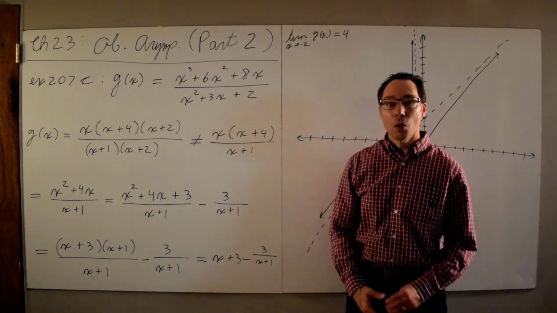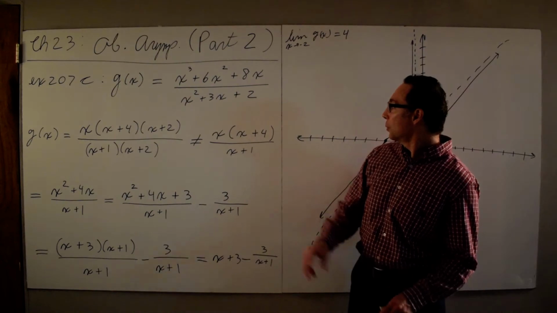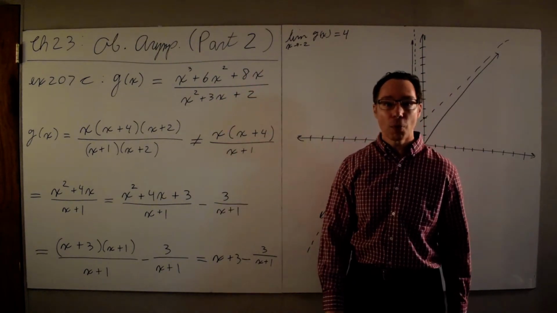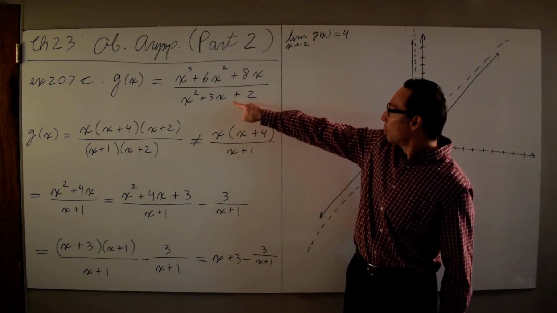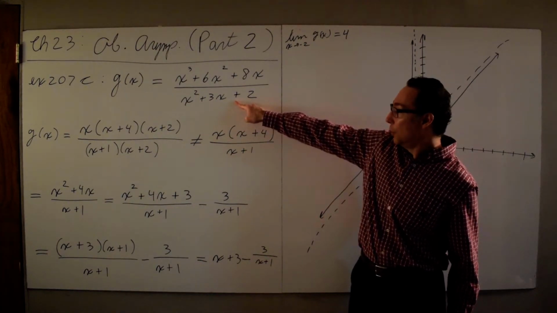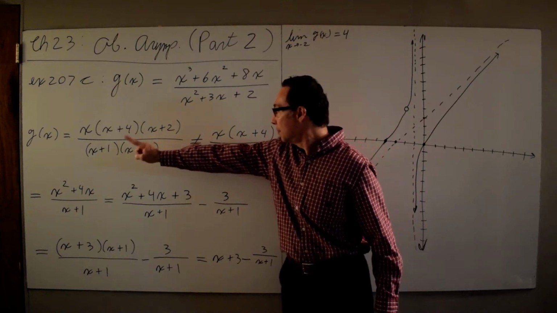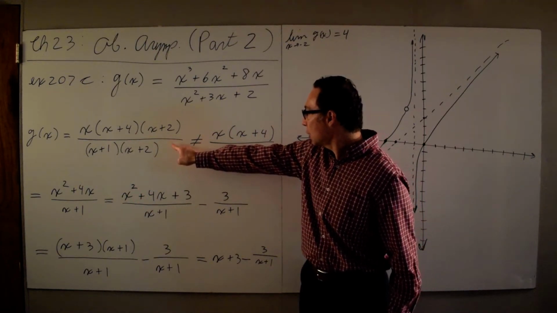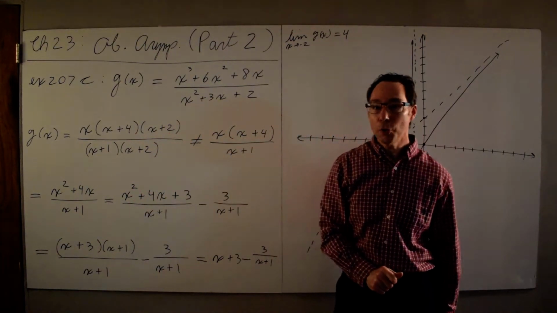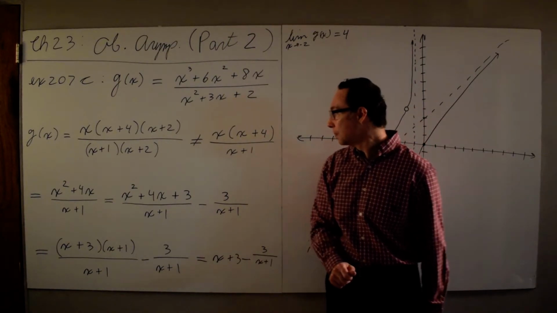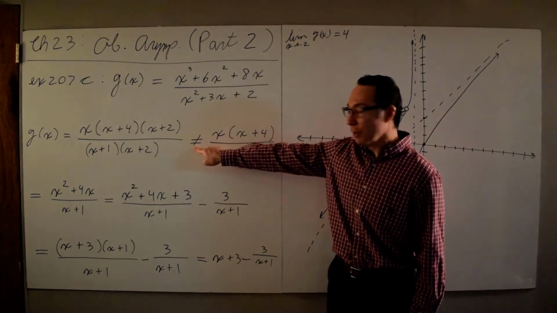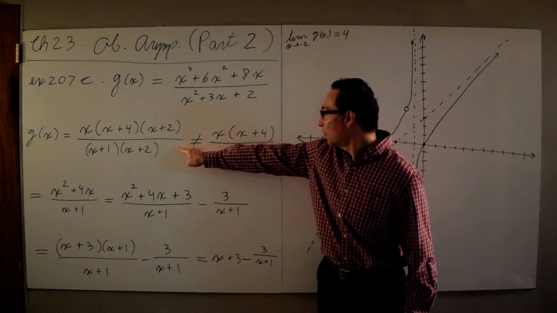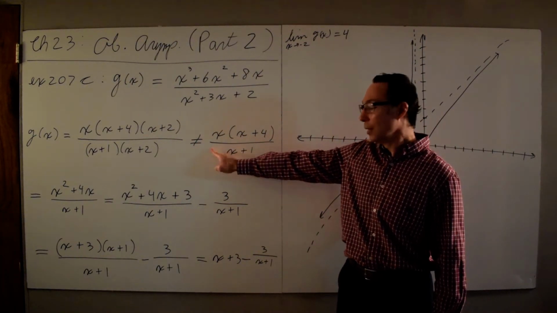Now, one thing I like to do with a rational function, any function really, is write it in as many useful ways as possible. For this one, it means factoring the numerator and the denominator. We have an x plus 2 that's a factor of both the numerator and the denominator. So we can reduce it, and I have a not equal sign, because this function is not equal to this function. Why?